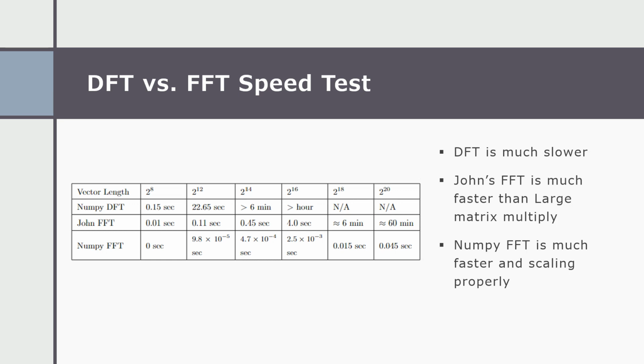So, DFT versus FFT speed comparison. Based on 10 runs when possible, due to calculation times, it's clear that the DFT is much slower than John's FFT and NumPy's built-in FFT. My scaling is off, though. I realized this is due to the way I coded it.